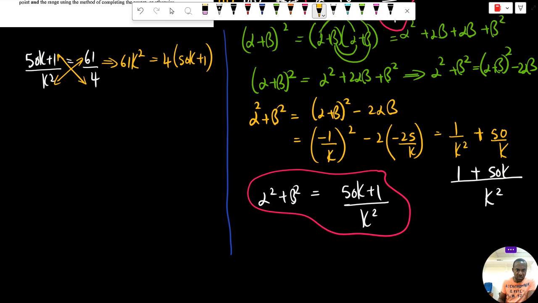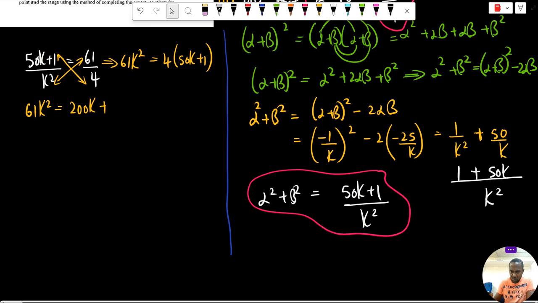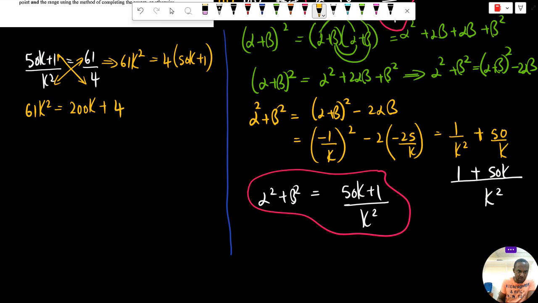So continuing from here, we now see that 61k squared is equal to 4 times 50, that's 200k, plus 4 times 1, that's 4. And of course, we bring all the terms to one side. And so we get that 61k squared minus 200k minus 4 is equal to 0.